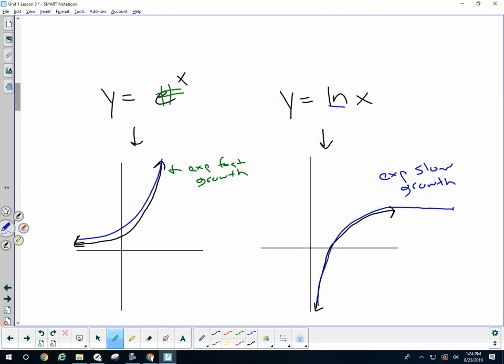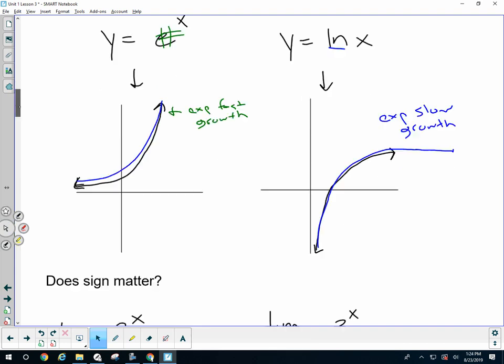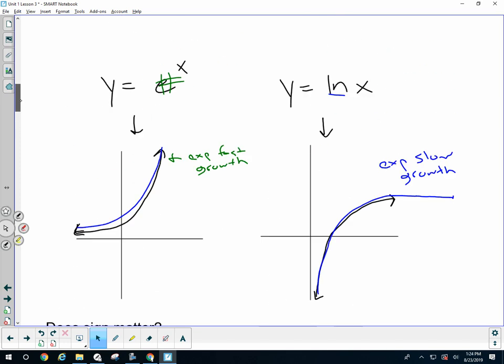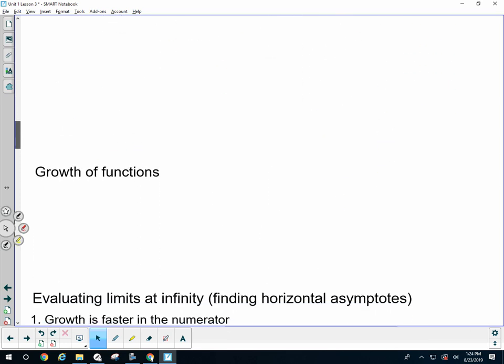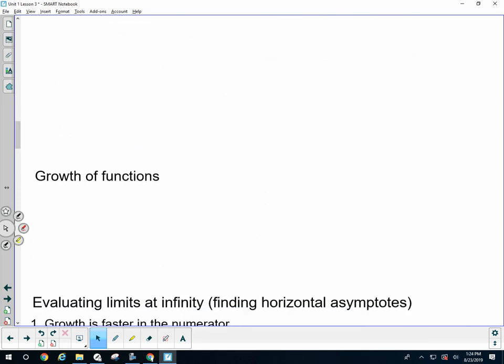But it grows. Okay. This creates an order, a list of functions that grow from slowest to fastest, or from no growth to the fastest growth.